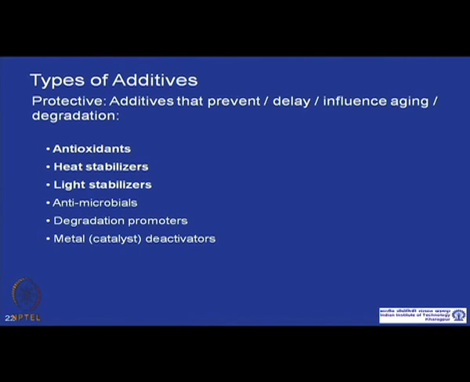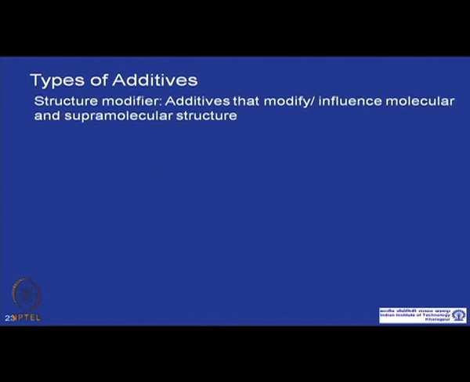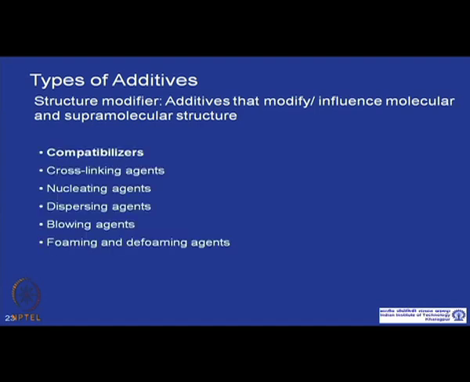Metal deactivators, which deactivate the catalyst residues or metallic impurities which basically degrade the polymer during its use or in processing. Structure modifiers, the additives which modify or influence the molecular or supramolecular structures, like compatibilizers.